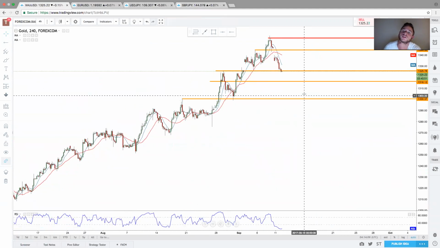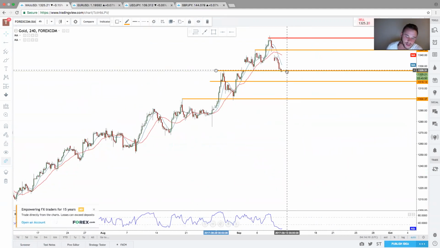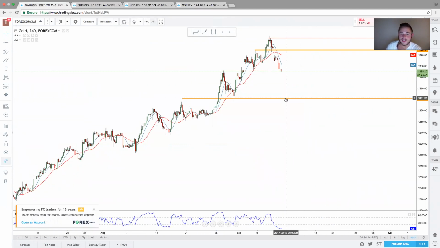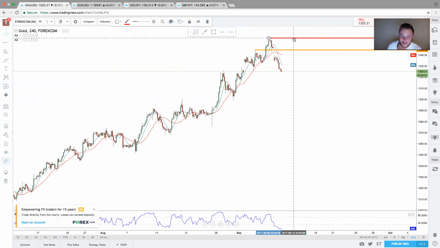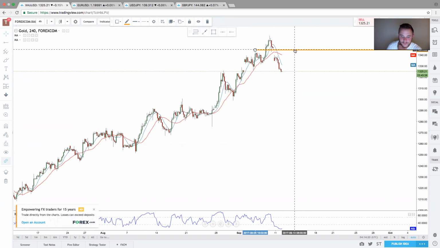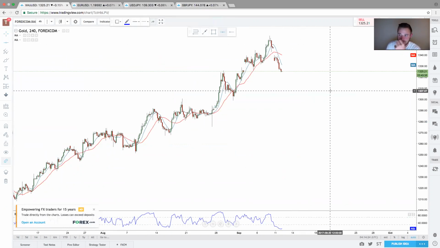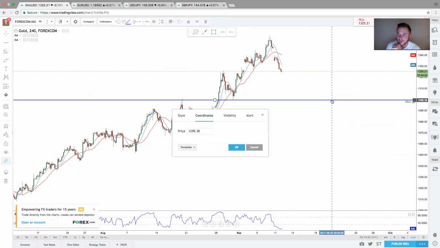Gold. Gold is looking like a pretty decent downtrend, to be honest. I'm going to do some quarter points on this one. So let's see here. This one is a little tricky. 1300 is a major.